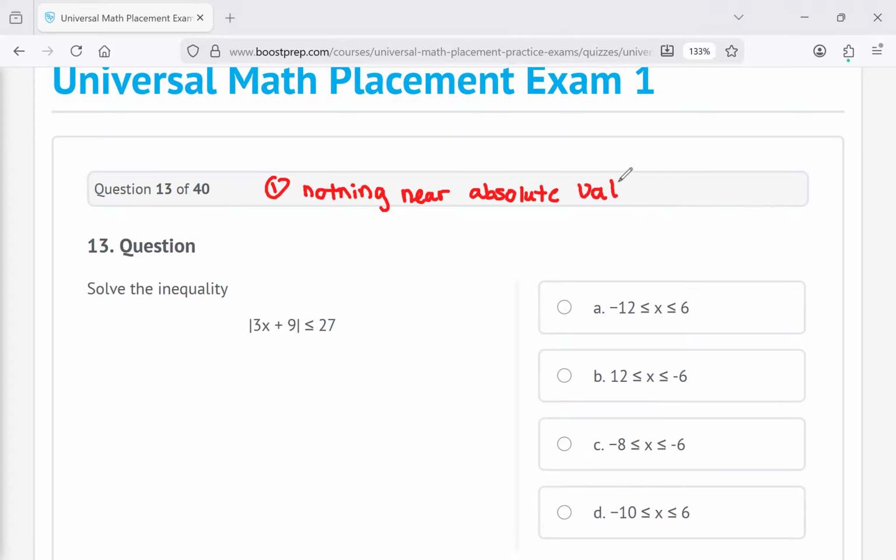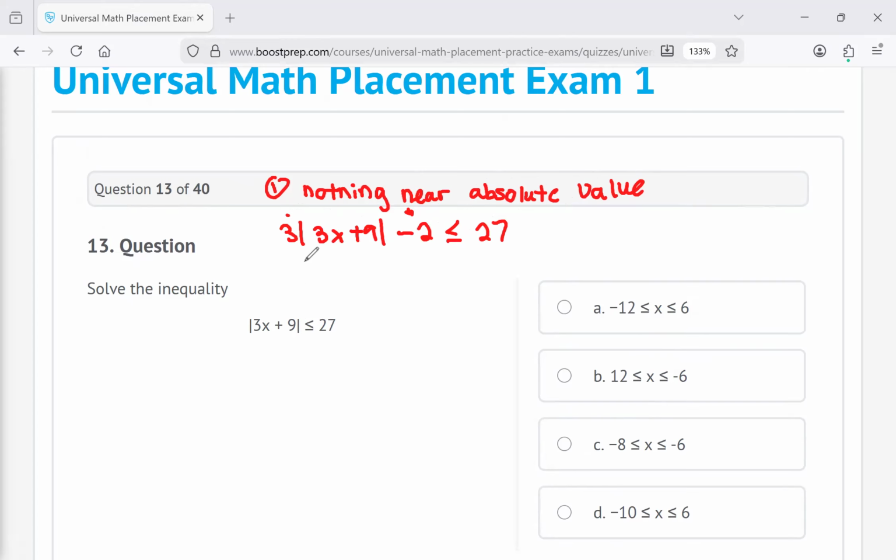For example, if you have 3 times the quantity 3x plus 9, minus 2, is less than or equal to 27, you first get rid of the negative 2 and the 3 by adding 2 and dividing both sides by 3. But the good news is there's nothing near, so we don't have to do that.